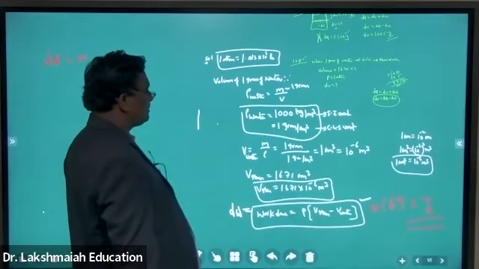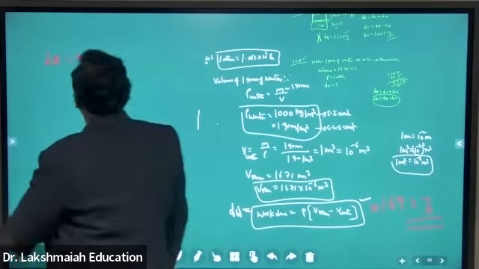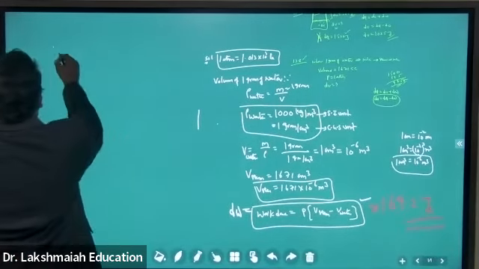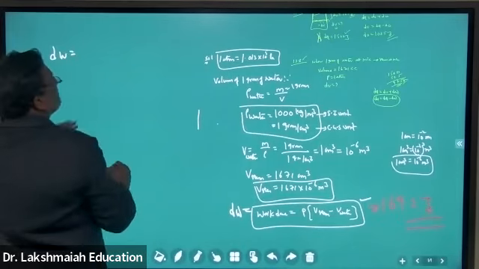dQ is equal to m. Sir, could you please explain the answer? Which one do you want? You substitute here. dW is equal to P into change in volume.